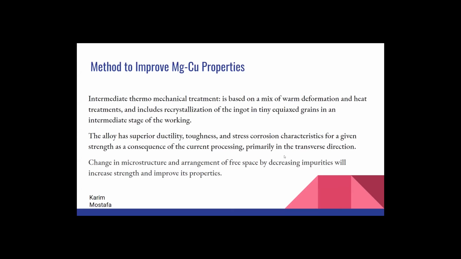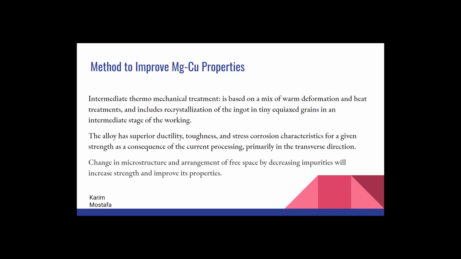As a method to improve MgCu properties, we have intermediate thermomechanical treatment. It is based on a mix of warm deformation and heat treatments, and includes recrystallization of the ingot into tiny equiaxed grains in an intermediate stage of the working.